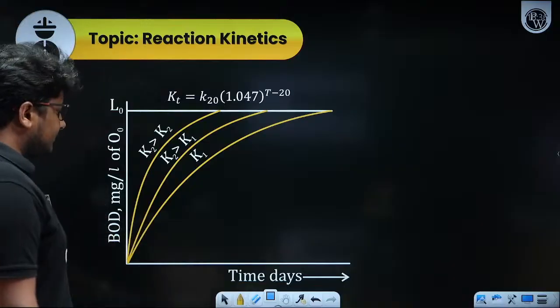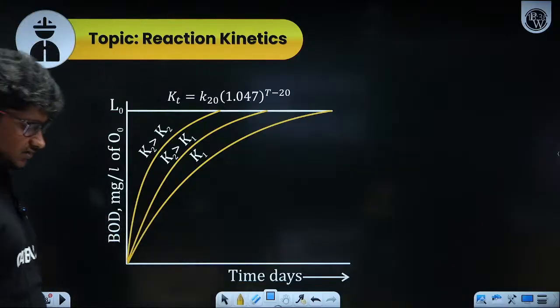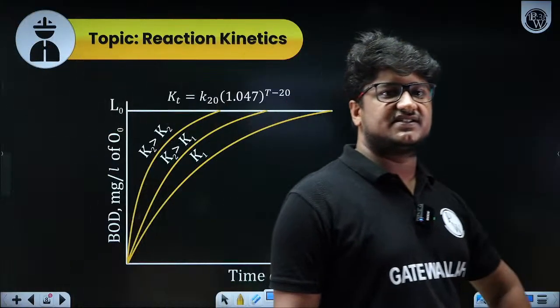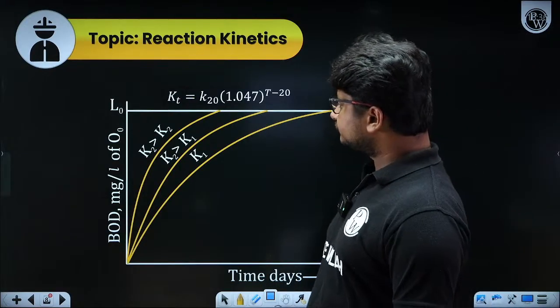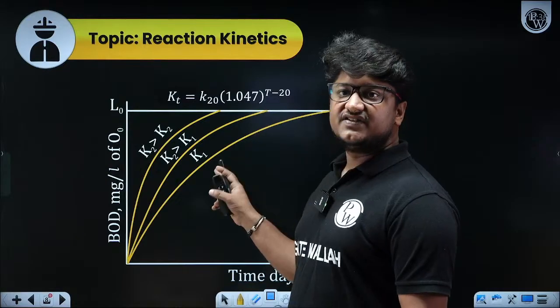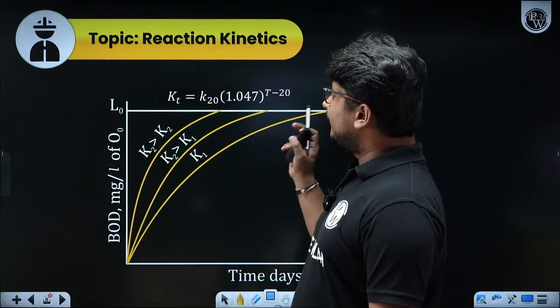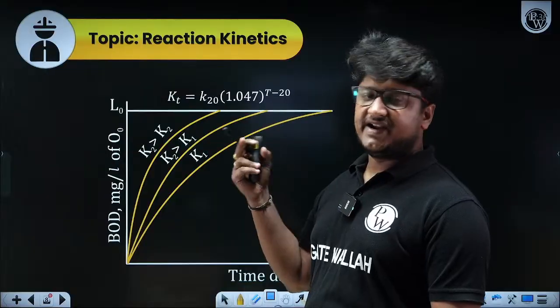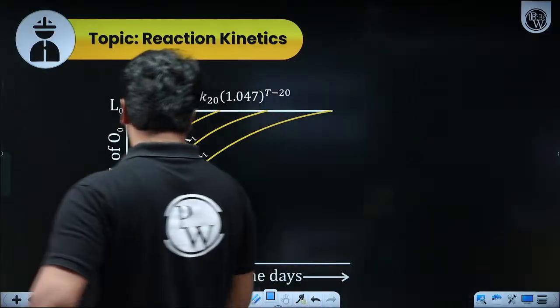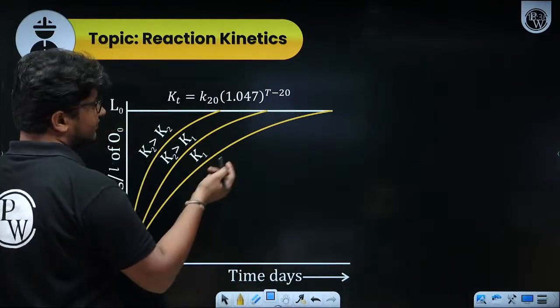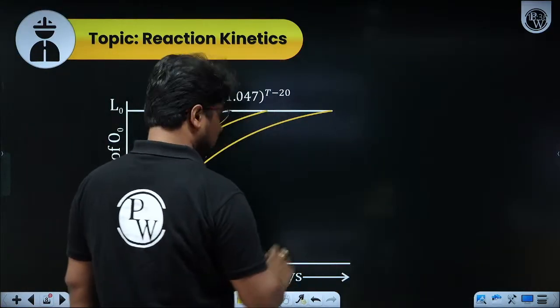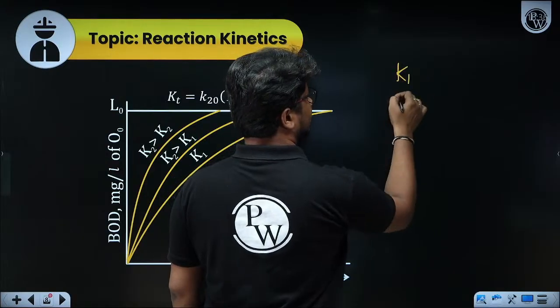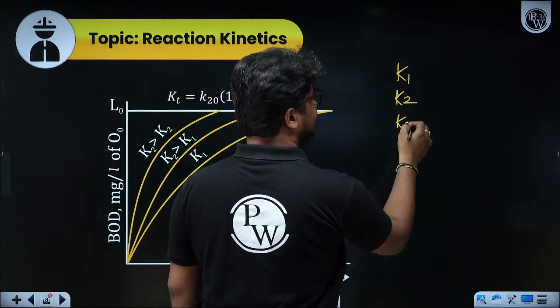Before going to that, see, this is the BOD curve which we discussed yesterday. Now you can see how this curve responds for different rates of reaction at different temperatures. For example, you have 3 rates of reaction mentioned here: K1, K2, K3.